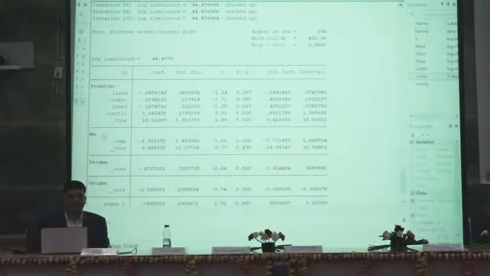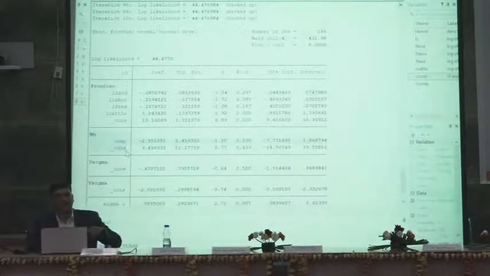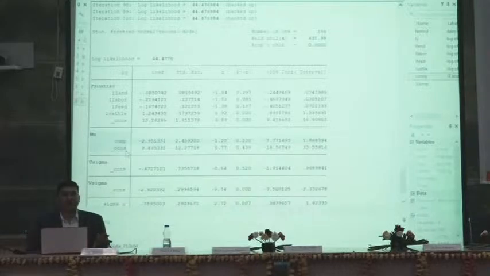We have regressed the inefficiency term with this variable. For example, in any industry, there is a variable, say experience. If we increase the experience, if we hire experienced people, then production will increase. So if the experience is low, then the efficiency is also low.